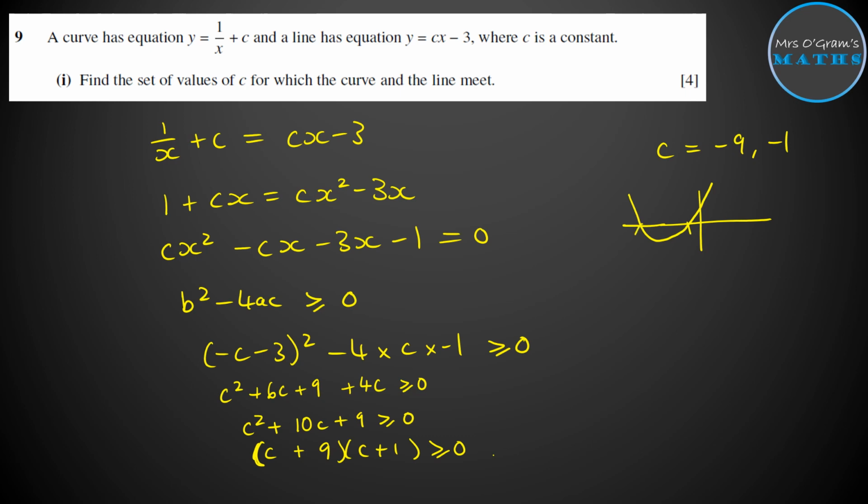That's pretty bad drawing, but it's close enough to know what we need to do. And we want to know when that will be greater than or equal to 0. So it'll be these portions here when it comes above the x-axis. So our final inequality is that c has got to be less than or equal to minus 9. So it's got to go that side of minus 9, and it needs to go that side of minus 1. So c will be greater than or equal to minus 1.